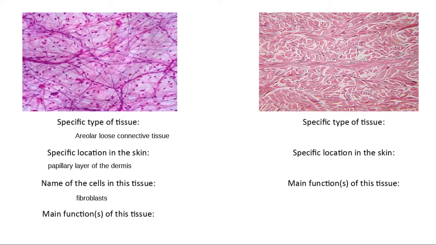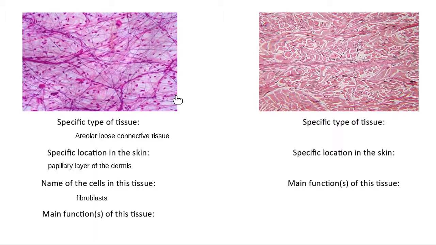So when we're in areolar loose connective tissue, and for that matter, any kind of connective tissue that has a ton of proteins in it, we always call those cells fibroblasts.